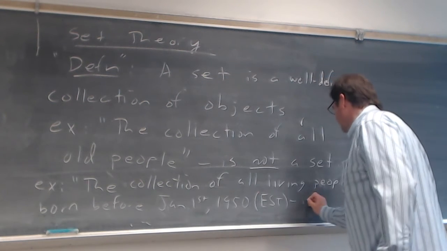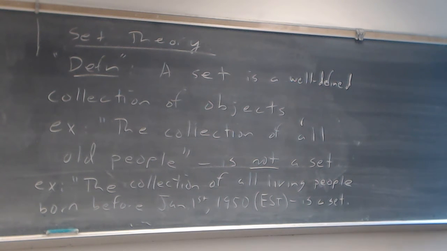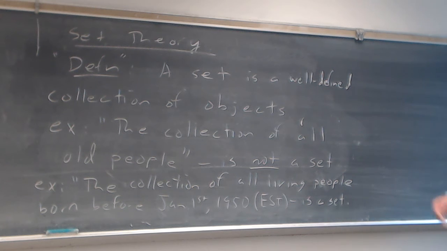And this is a set. For we can tell, given an object, whether that object is part of this collection or not. For instance, this piece of chalk right here is not in this set because it's not a living person, whereas my mom is in this set.